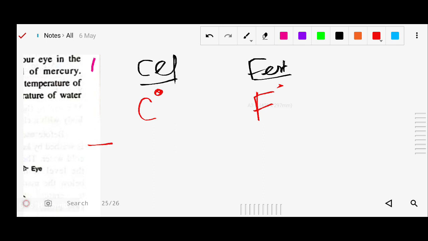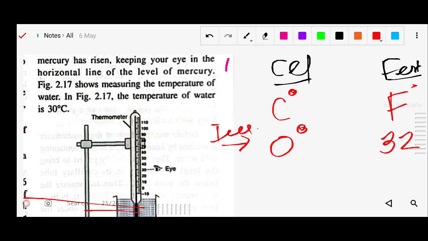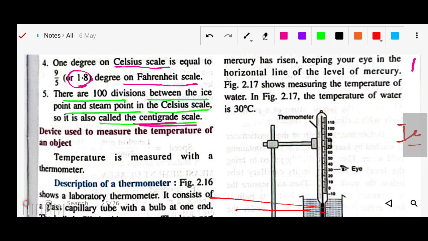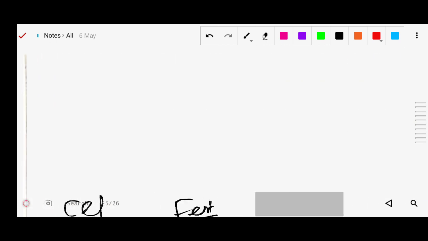First we'll see the ice point, where it freezes. So what is there, 0 degrees, right? And in terms of Fahrenheit, 32 degrees, as you can see here: 32 and 0, and here is 100 and 212. So I will write that here.